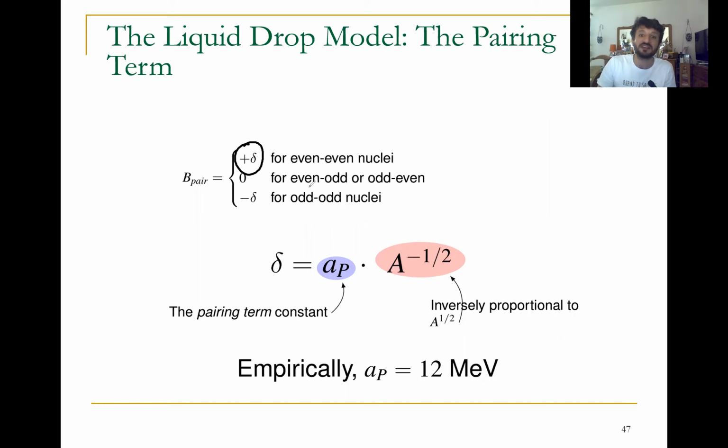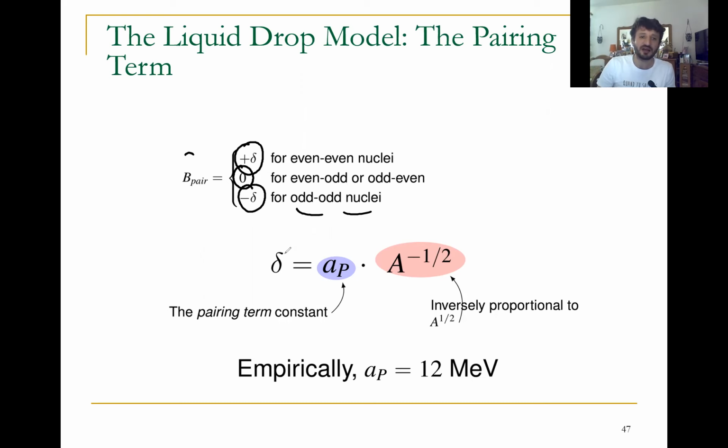In the case of even-odd or odd-even it equals 0, because the contribution to stability and instability will be the same, so we don't have any effect of the pairing term.